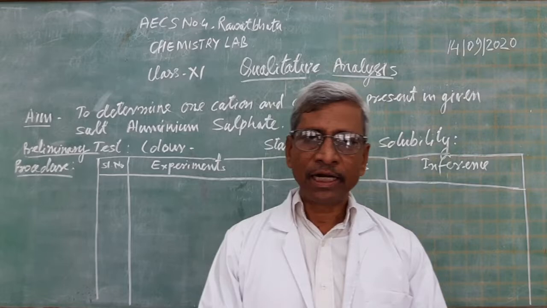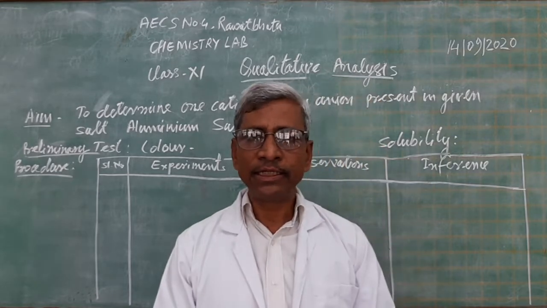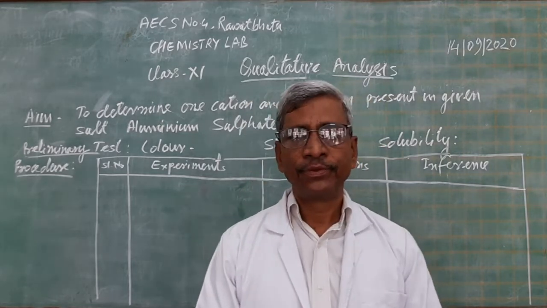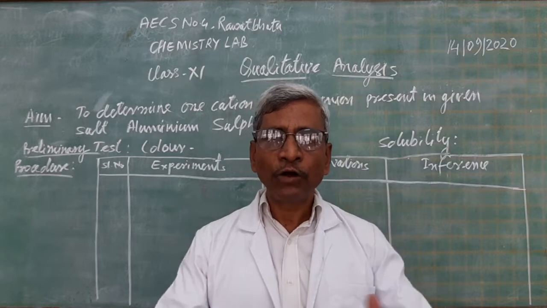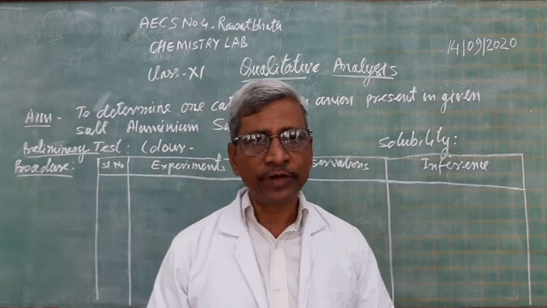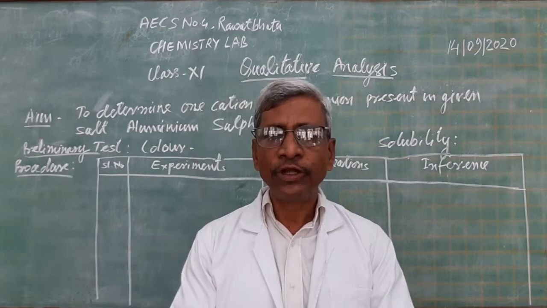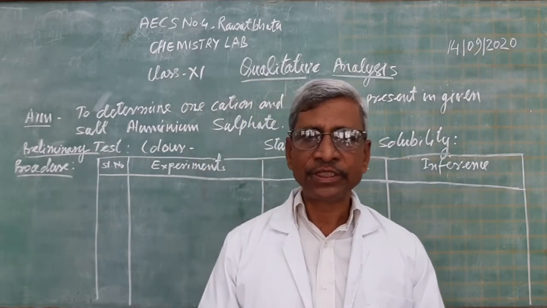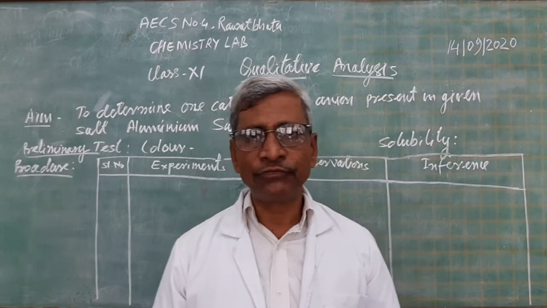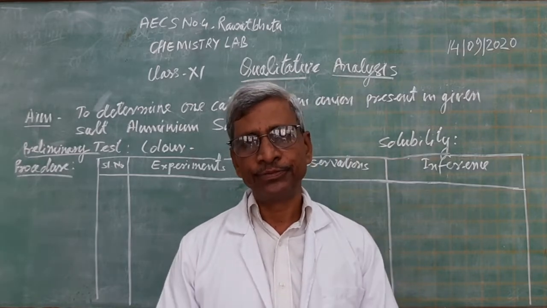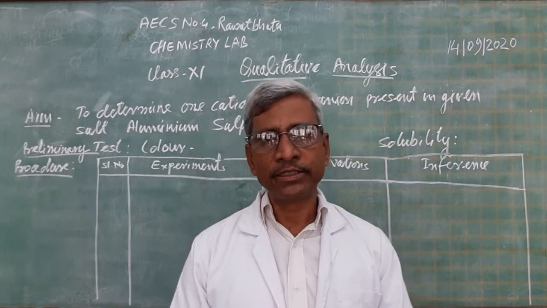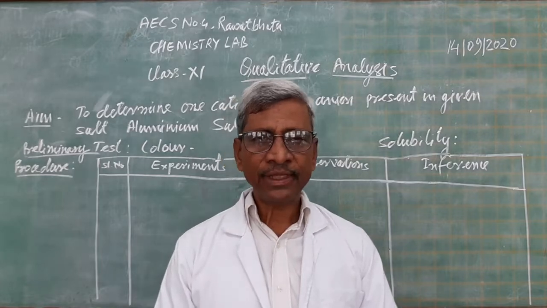Similarly, while analyzing cations, first we decide the group of cations. Cations are divided into many groups, not the periodic table groups. These are the groups of cations: first group, second group, third group, fourth, fifth, sixth or zero group, where certain cations are present.